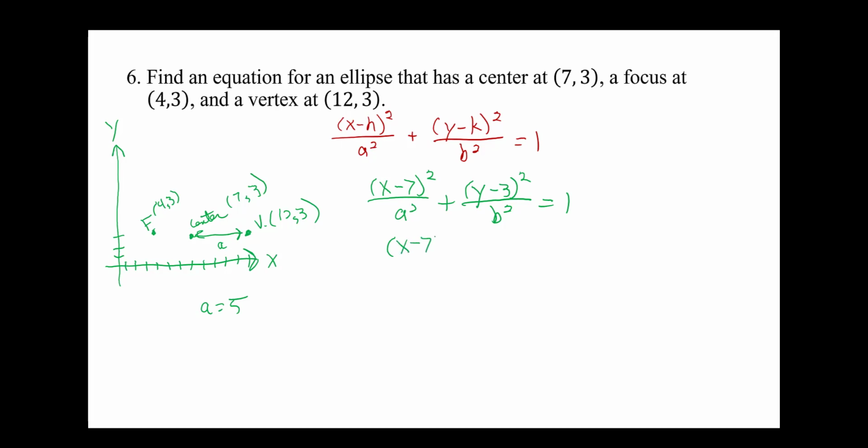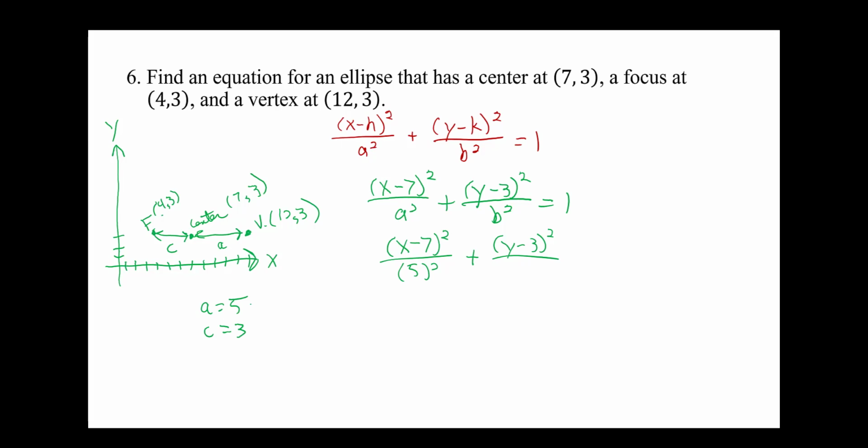We have (x minus 7) squared over 5 squared. But we don't know what b is, do we? Well, the distance from the center to a focus, what does that give me? That gives me c. So here c would be equal to, we're going from 4,3 to 7,3, so c would equal 3.